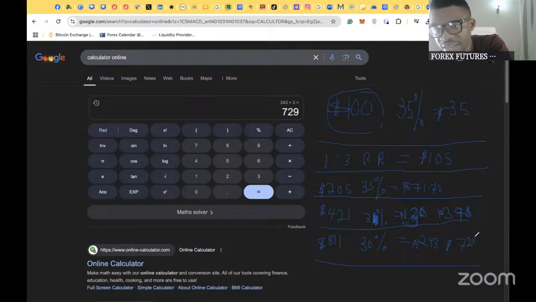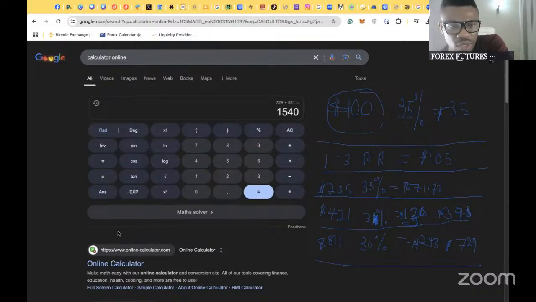If we add this profit to our capital, 811, that will give us a new balance of 1,540.